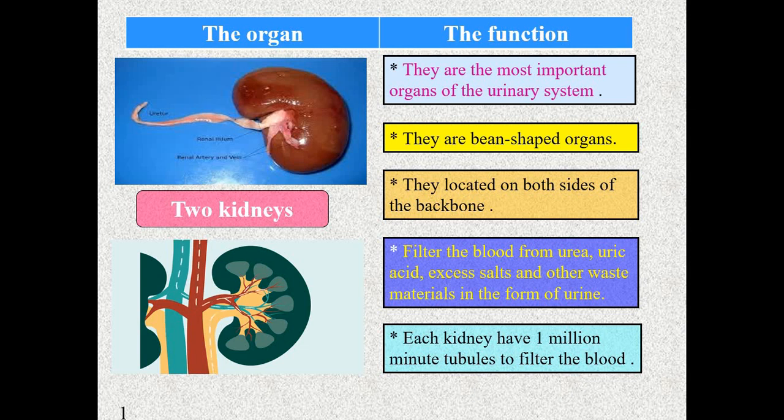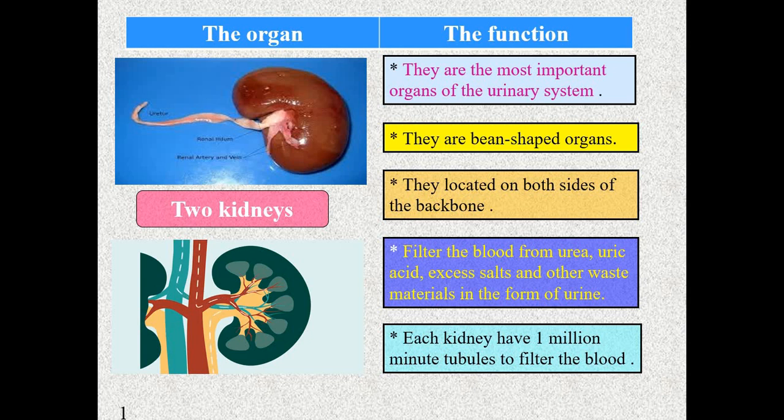From your back, in the abdominal cavity, there is one kidney on the left and one on the right. What is the function of a kidney? The kidney does the function of the urinary system, which is to filter the blood of uric acid, excess salt, and other waste material and get rid of them as urine.